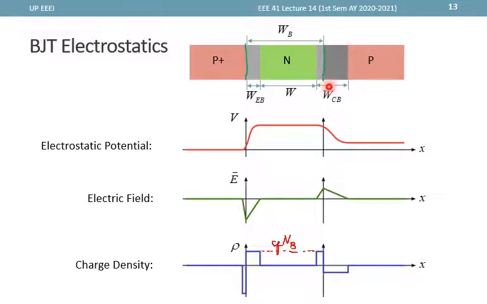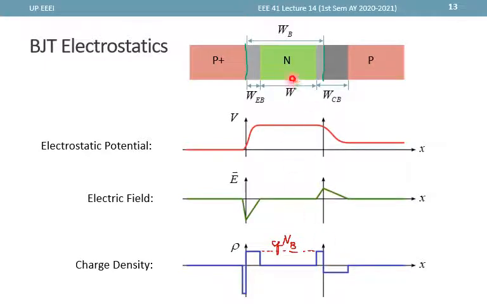And with this diagram, we can actually infer that the base is more heavily doped than the collector, since the depletion region width here is shorter. And also in this plot, the height here is larger relative to the height here.